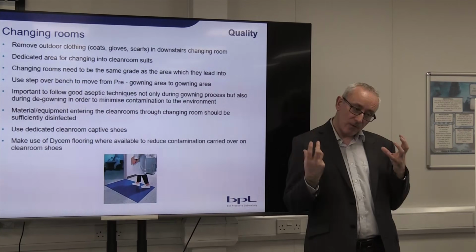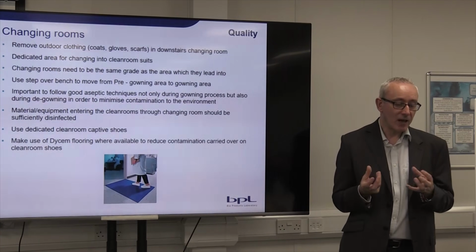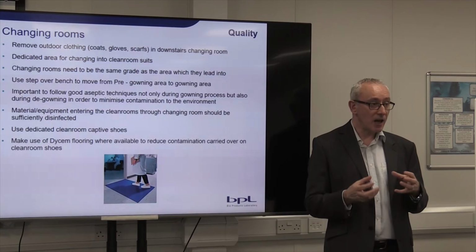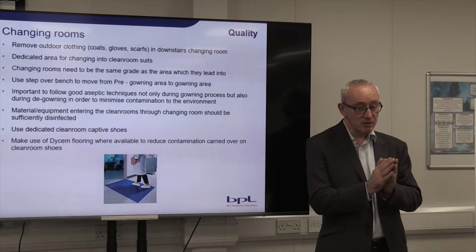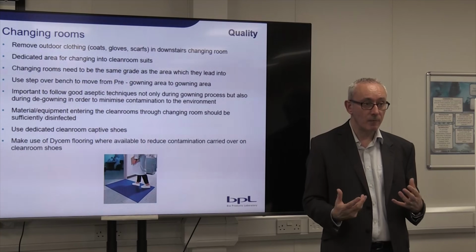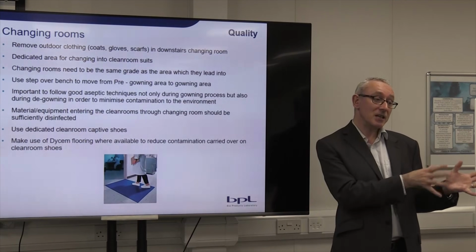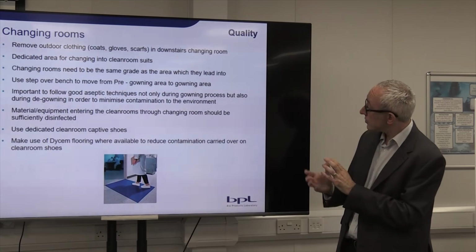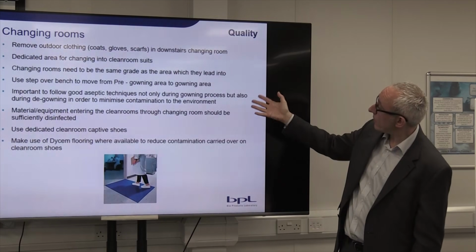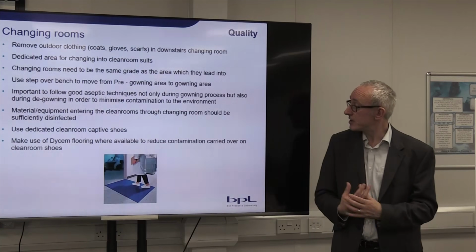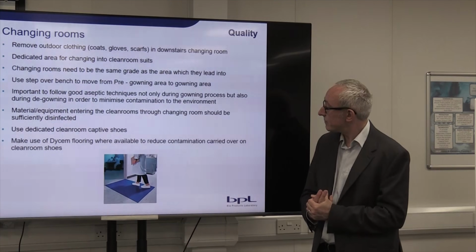Once you're in the official changing room, that changing room is of the same cleanliness level as the area which it leads into, so those levels of microorganisms need to be controlled in the same way. There's a difference between a grade D changing room, a grade C changing room and a grade B changing room. So it's a very proceduralised process, and it's very important that process is followed at all times.